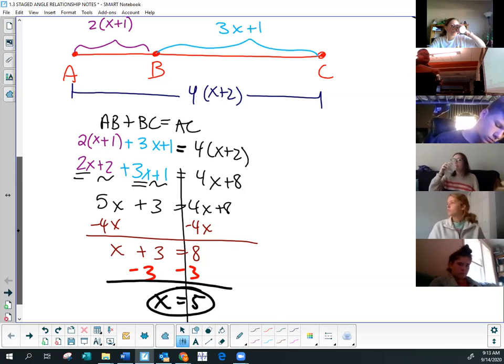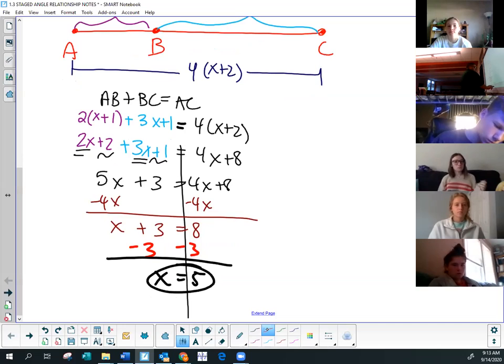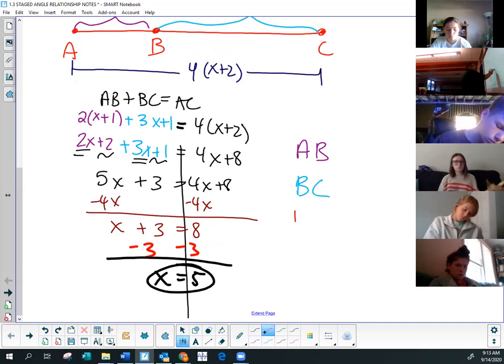Cool. Can everyone take 30 seconds and find the 3 length values? So in 30 seconds, can you please produce for me AB, BC, and AC?